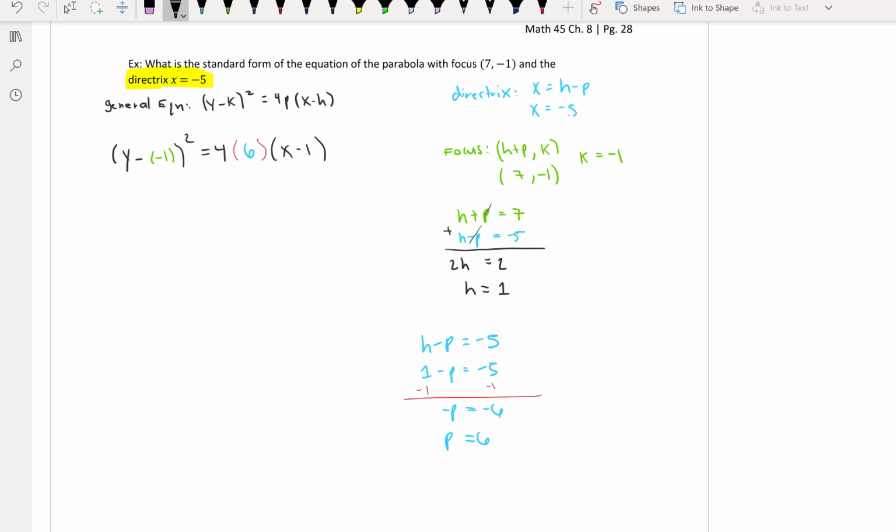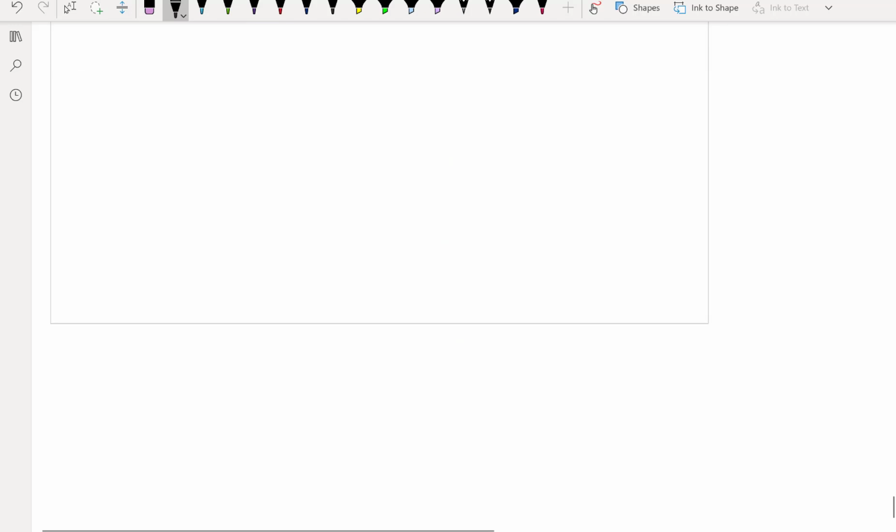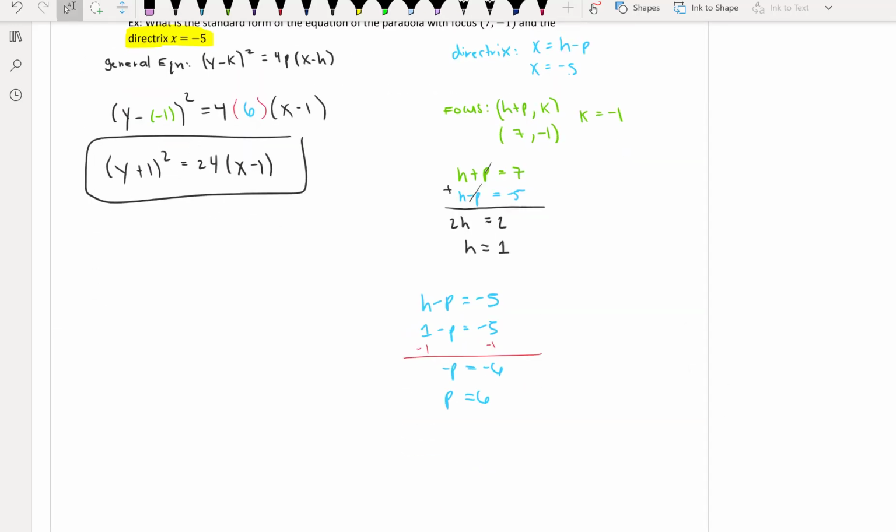So I really have this as y plus 1 squared is equal to 24 times x minus 1. And that is going to be my final answer. That is the standard form of the equation. And that is all. That is the last problem that we have.